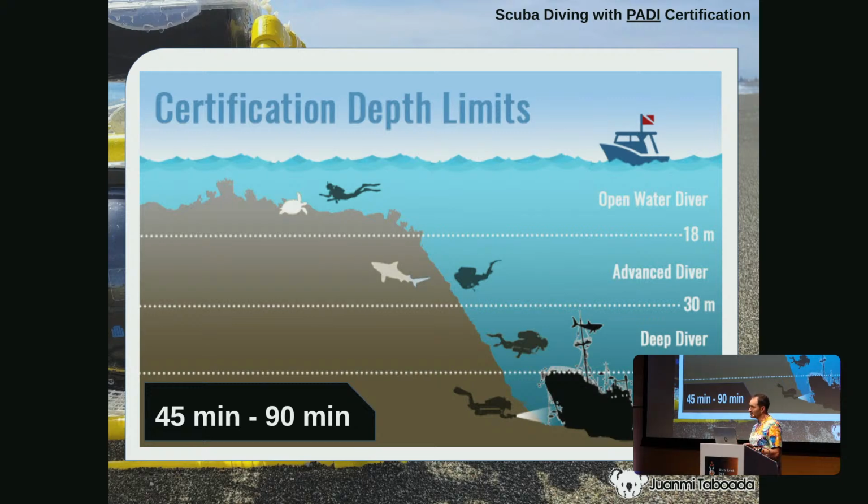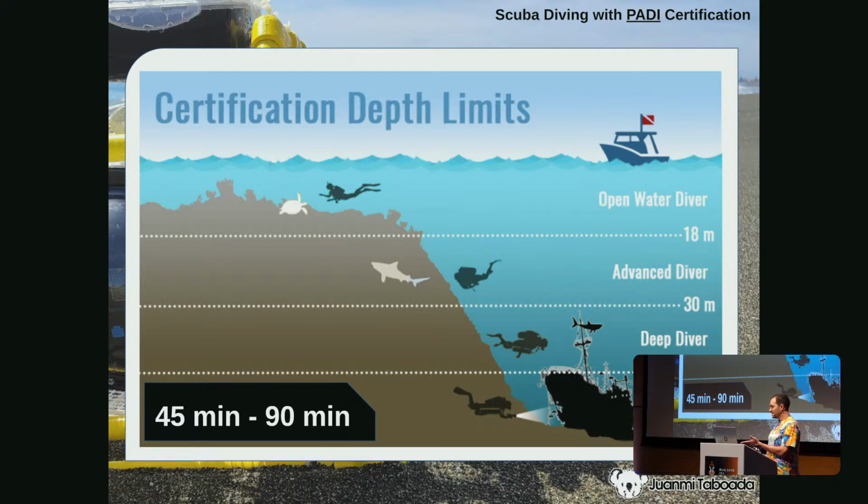That means that you can rent a bottle and get under the water until 18 meters, with your insurance, because if you do it by yourself, everything that happens will be on you. Then there is another certification, advanced diver, 30 meters, and finally the deep diver. After that, there is technical diving. It's mostly for professionals.